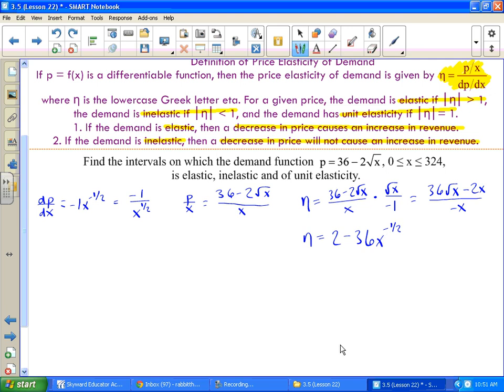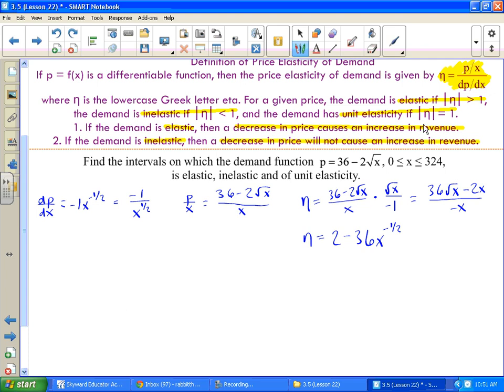Or x to the half if you have it in the denominator. Okay, so any questions on where I got that value from? If I put these two pieces together here, I subtract my exponents. This is to the half, this is to the 1. So a half minus 1 gives me negative a half. Okay? Or you could leave it in the denominator as positive a half, which I might end up moving back there.